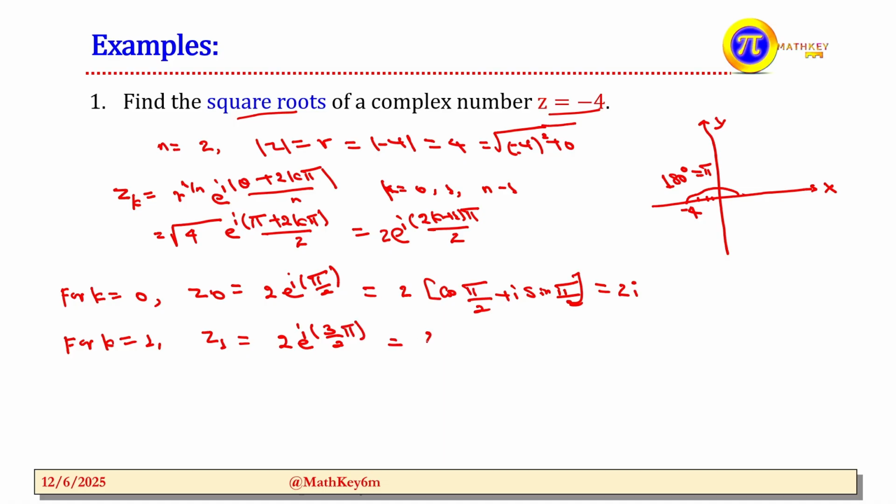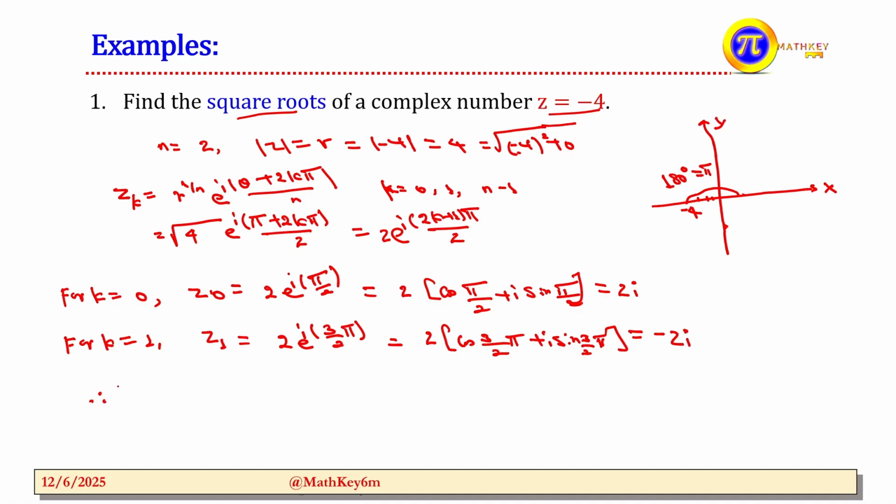Now this equals 2 times cos of 3 over 2 pi plus i sine of 3 over 2 pi. As we did before, 3 over 2 pi means 270 degrees. Cos of 3 over 2 pi is 0, but sine is negative 1, which equals negative 2i.